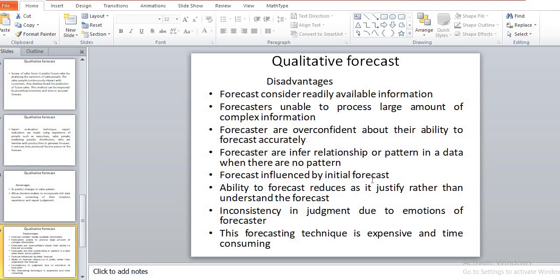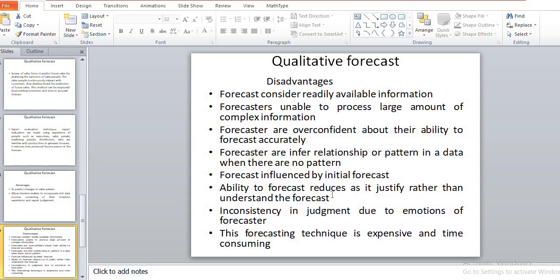Again, some initial forecast may influence the new forecast. Again, the reliability of this forecast reduces as it justifies rather than understands the forecast.